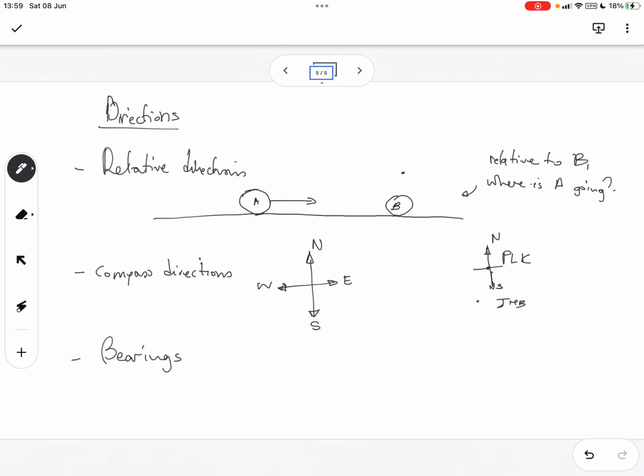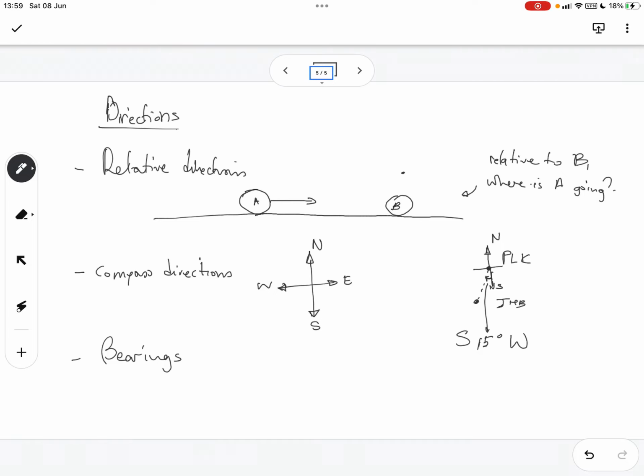So in other words, let's say you're at Polokwane and you're traveling to, let's say, Joburg, right? And that is north and that is south. Then there is a certain direction and angle there. And let's say that measures 15 degrees.